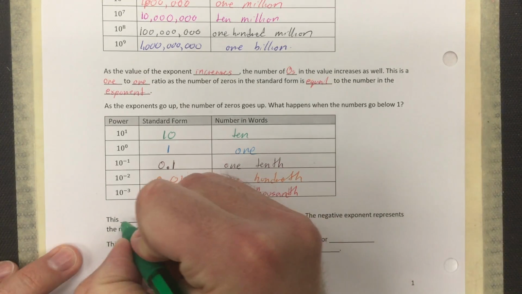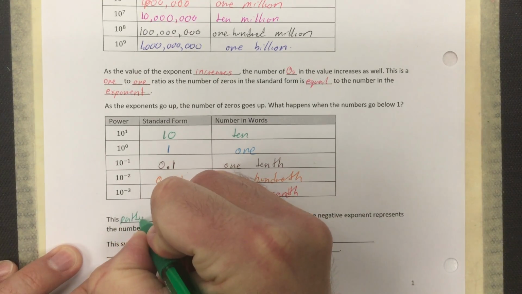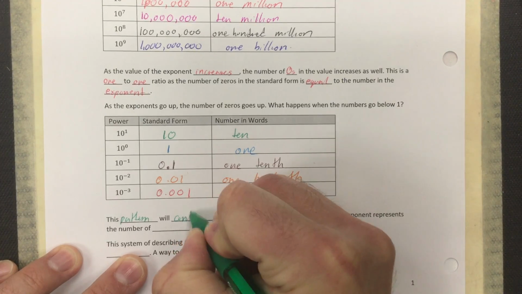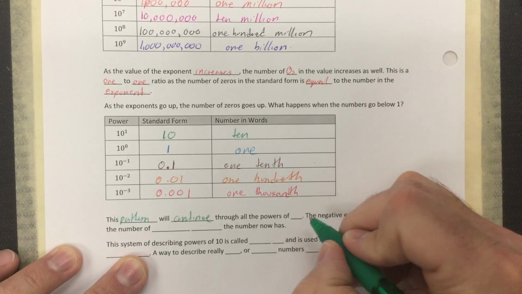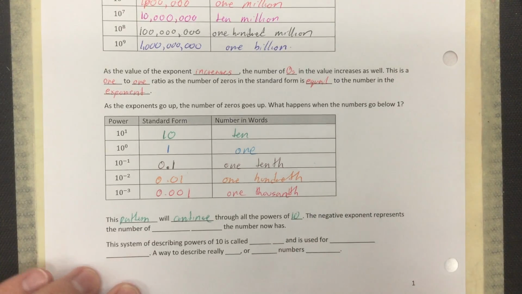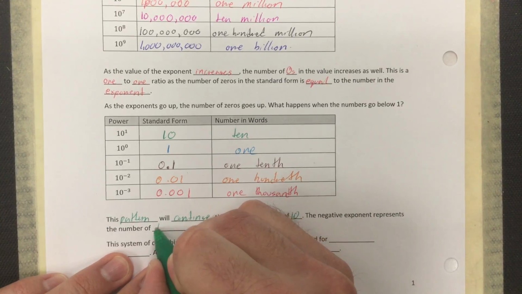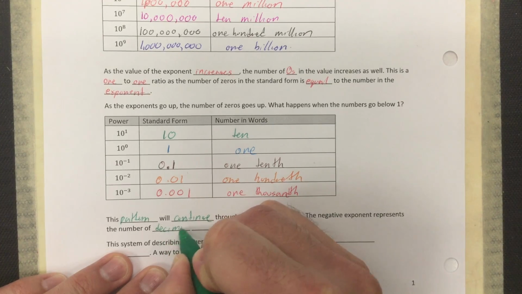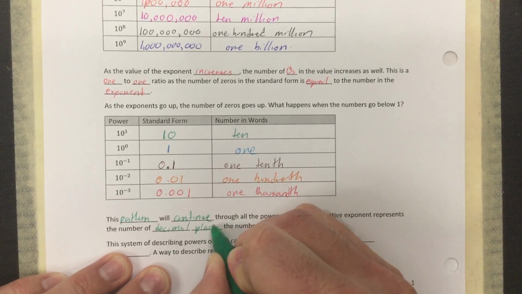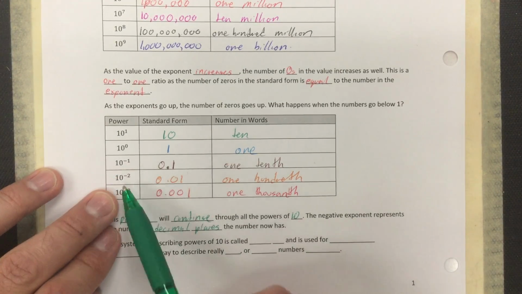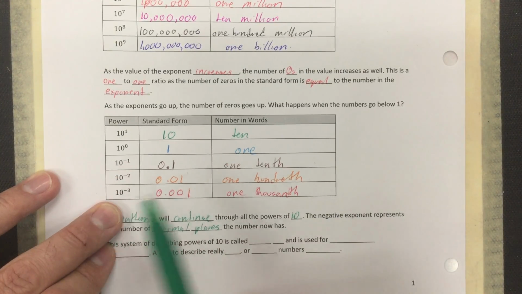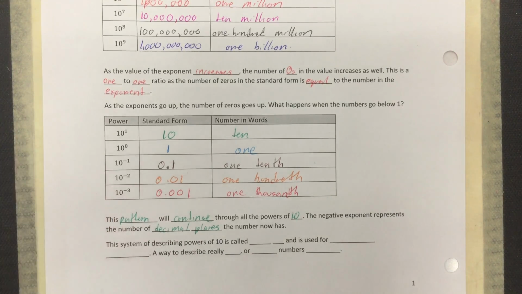Now this pattern will continue through all the powers of 10. The negative exponent represents the number of decimal places the number now has. So you'll notice here a -1, 1 decimal place, -2, 2 decimal places, -3, 3 decimal places based on that number, and that's based on that 1.